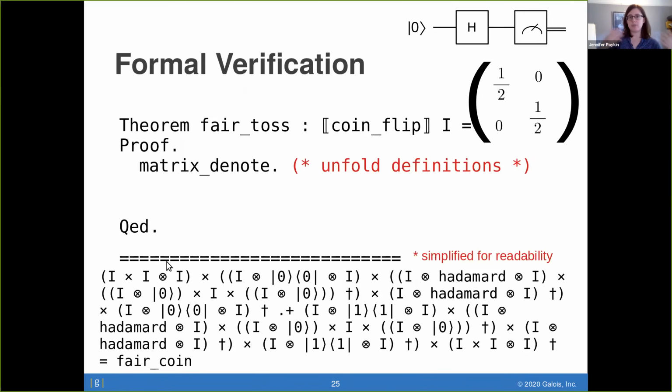Essentially it unfolds coin flip to be the circuit that I've described above, and it unfolds the denotation function into matrix operations. So we have replaced the left-hand side of the equality with some sequence of identity matrices, tensor products, matrix multiplication, Hadamard matrices, etc.